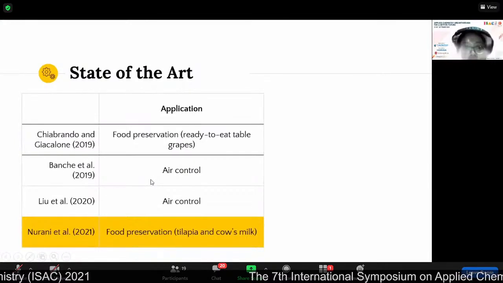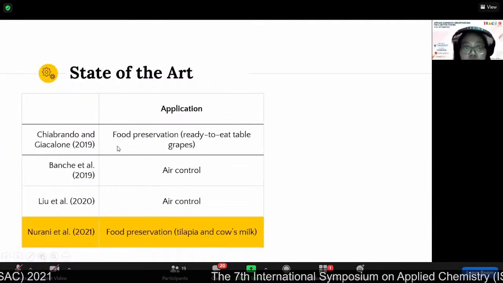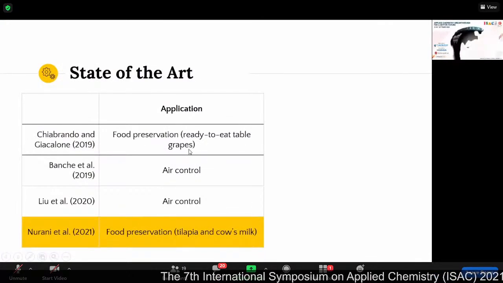In recent years, anion plasma has become widely applied, especially for air control. And in food application, it is reported that anion plasma is able to preserve ready-to-eat table grapes.